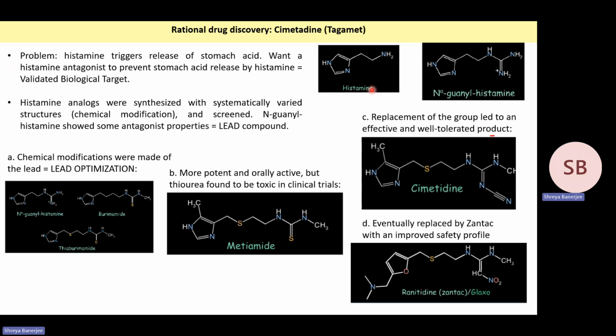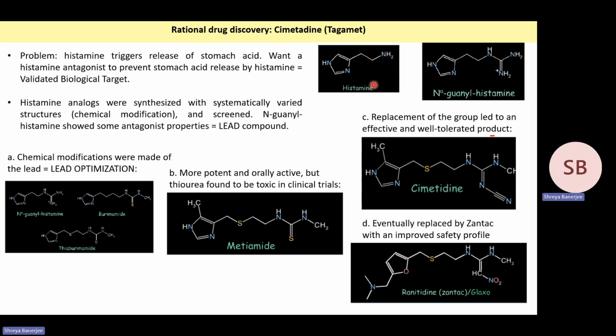So that is what the target was, that the histamine molecule was binding to the receptor and releasing stomach acid. If we can have a drug molecule with a similar backbone as histamine, but higher binding affinity compared to histamine, then the receptor will prefer to bind to the drug molecule and the receptor will get blocked and it will prevent the release of stomach acid.